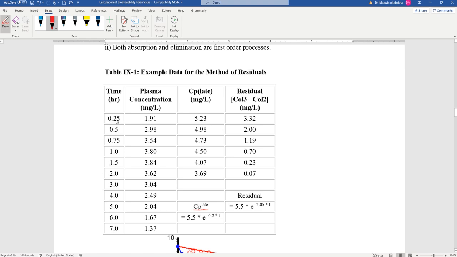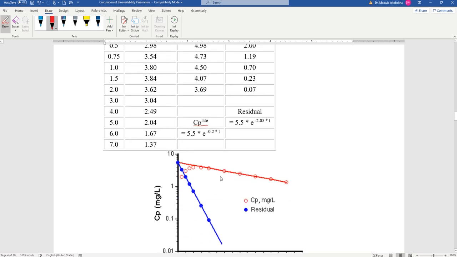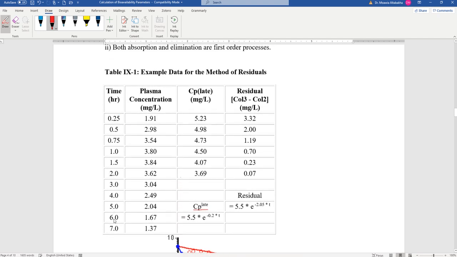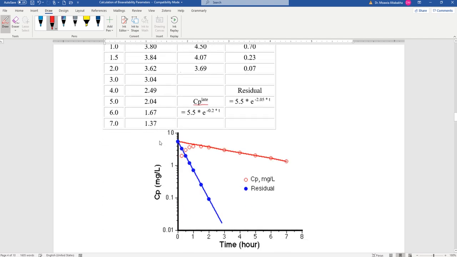Then she analyzed these blood samples corresponding to time. For example, at quarter an hour, it was 1.91 milligram per liter. At half an hour, it was 2.98, etc. Then Judy went to semilog paper and plotted the time with the concentration that she got.